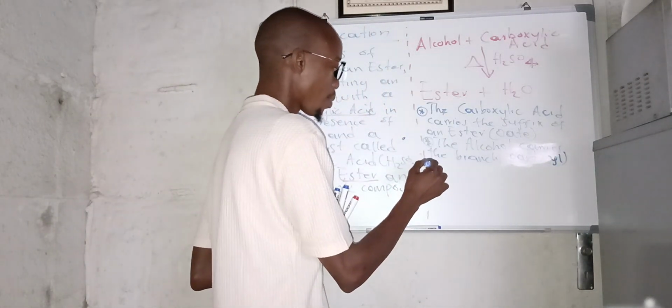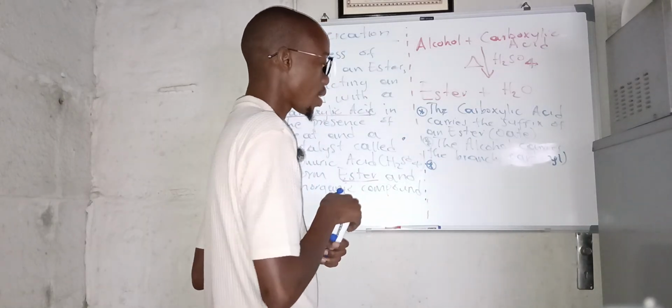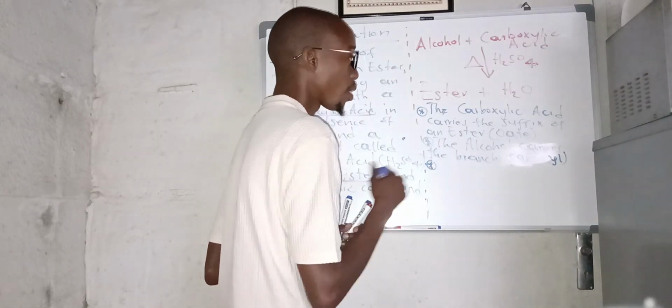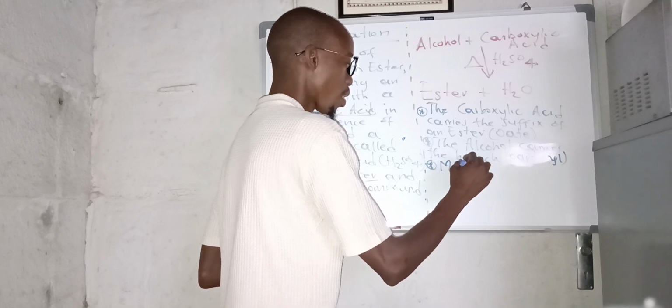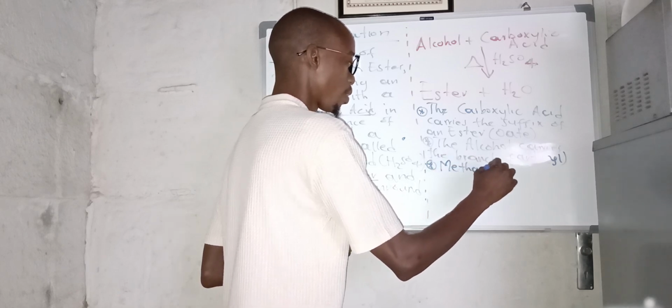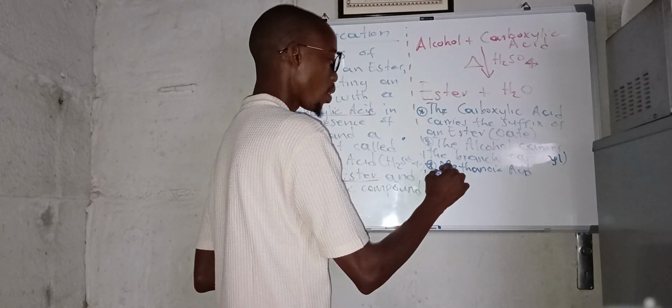So just to make an example, so that when we get to that naming, you'll be able to see how easy it is. Let's say the name of the carboxylic acid is methanoic acid, and the alcohol is methanol.